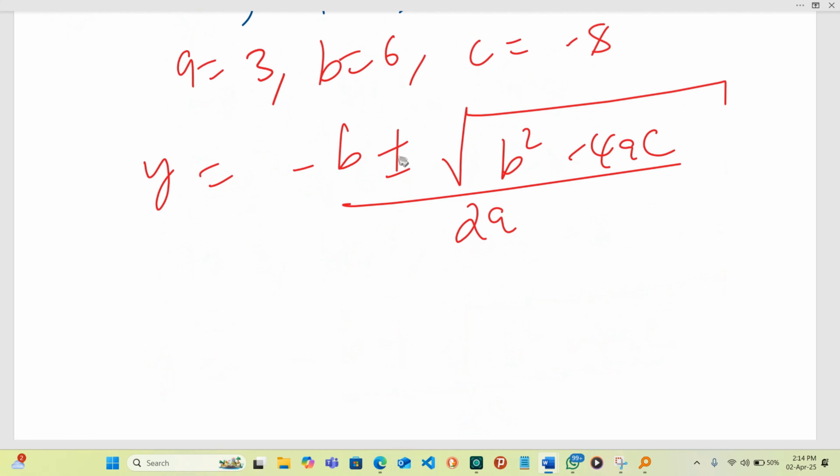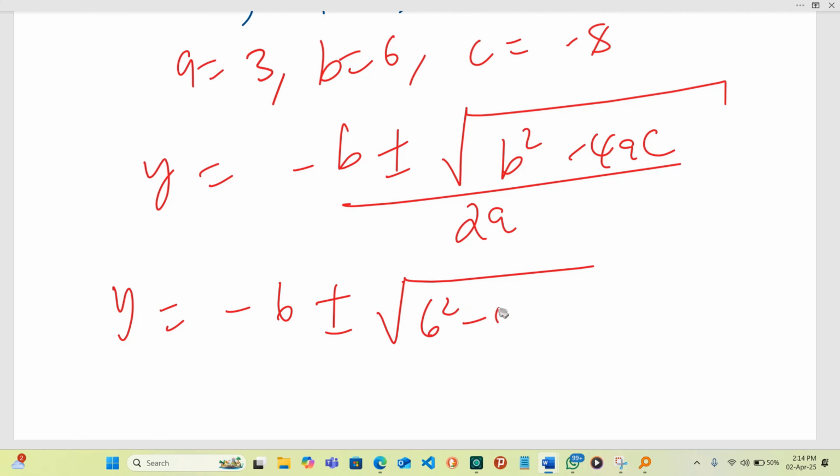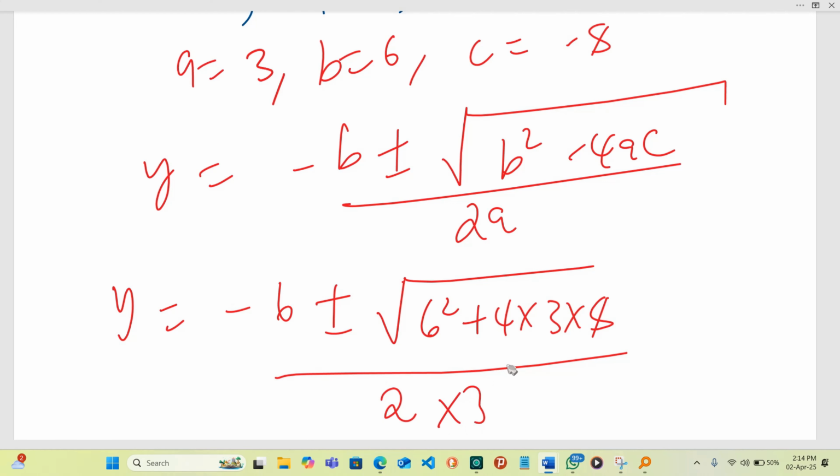So putting these values here, we'll have y equivalent to minus 6 plus or minus square root of 6 squared minus 4 times 3 times c, which is negative 8, so this becomes positive, divided by 2 times 3.